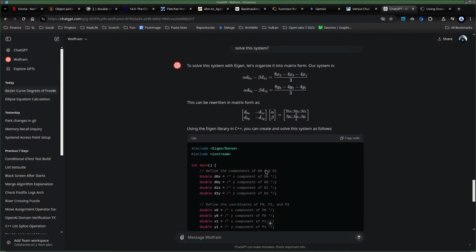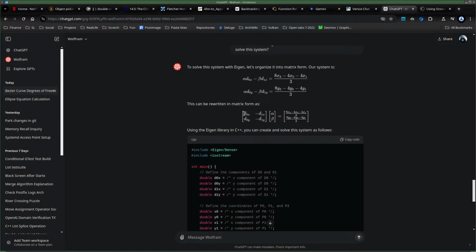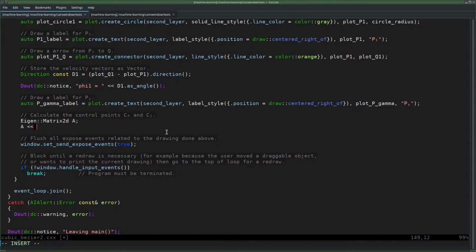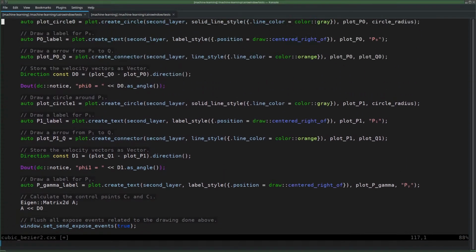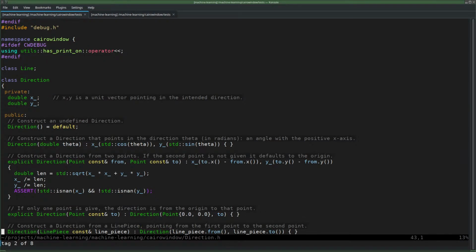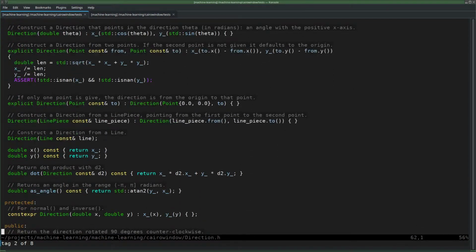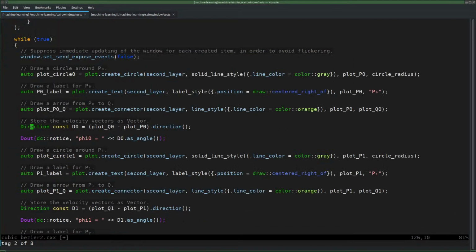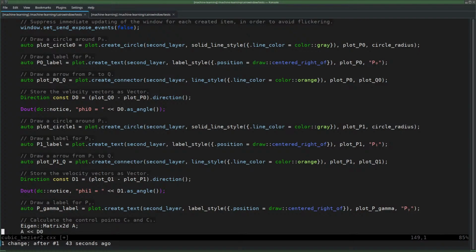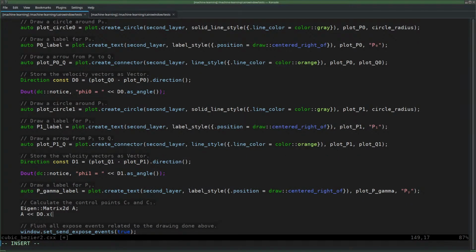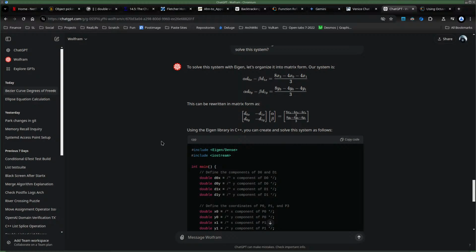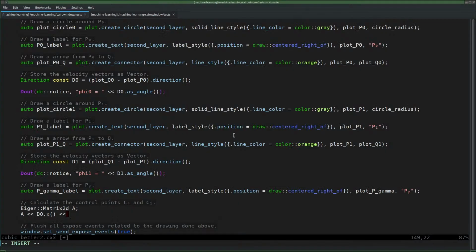So these D values, that's this matrix. So we need the D0x first, and we have D0, I think, D0, which is here a direction. And a direction has an X, obviously, which you can access by calling X. And the next one is minus D1X.